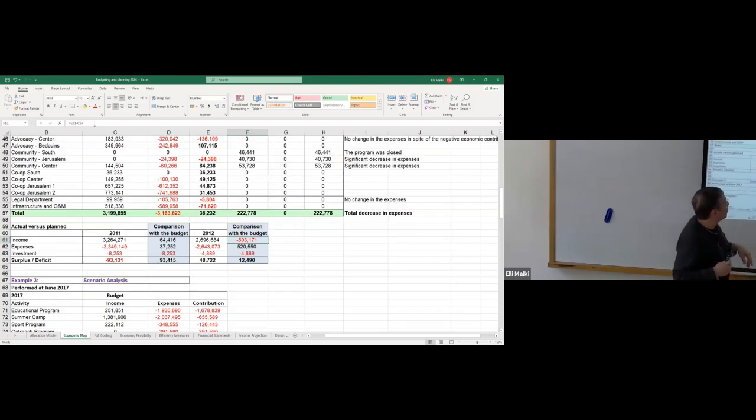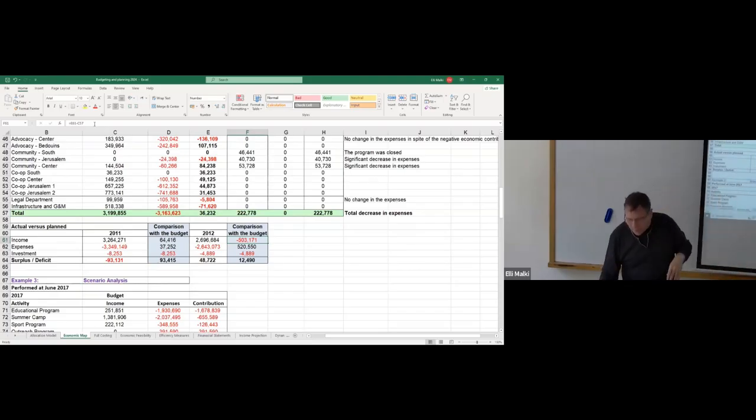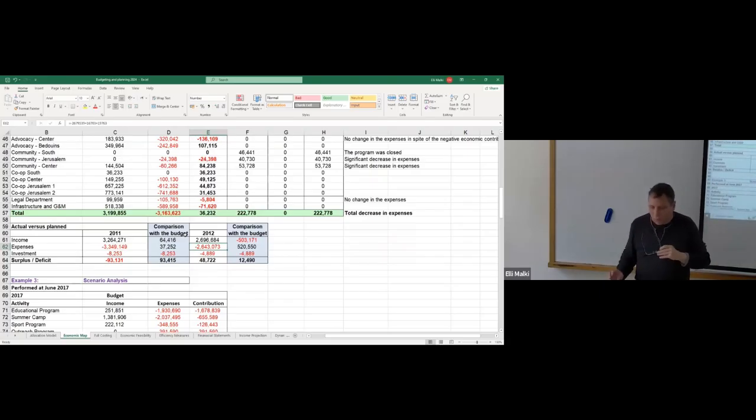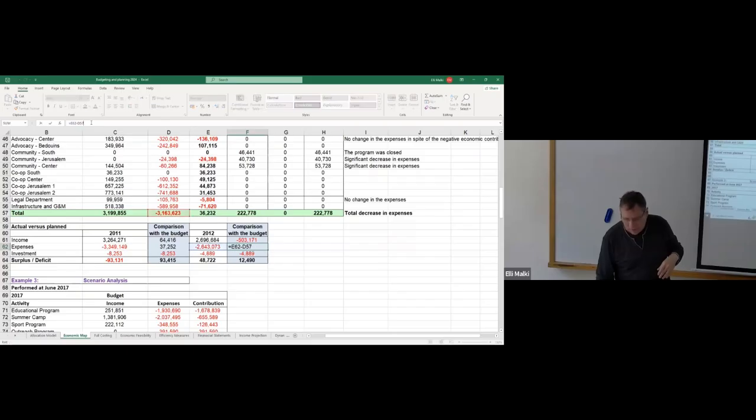We can see also a dramatic decrease in expenses. So the recovery plan planned for expenses of 3.2. Actual expenses were 2.6. So the sign is obviously positive. It's a saving.